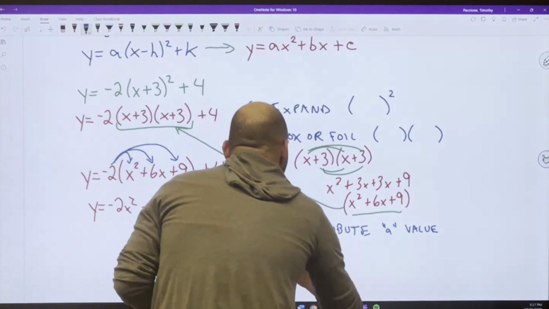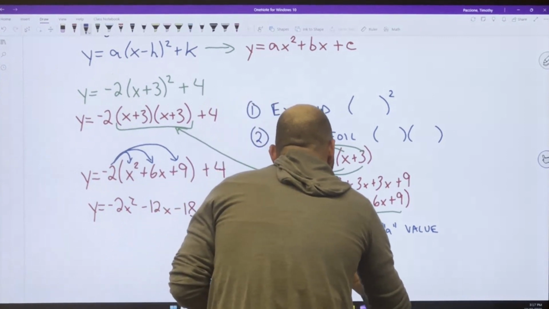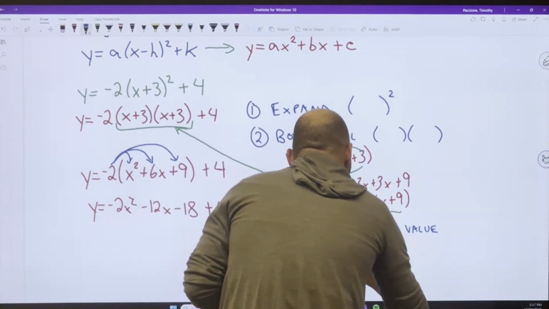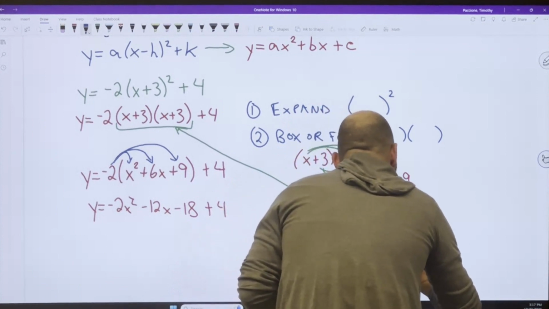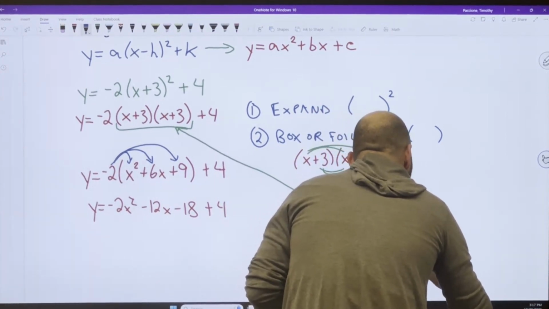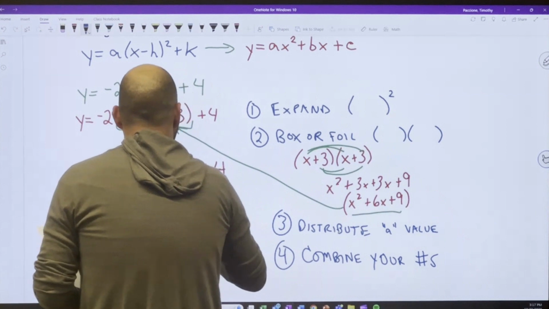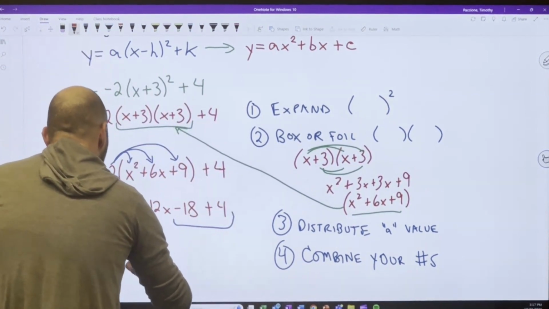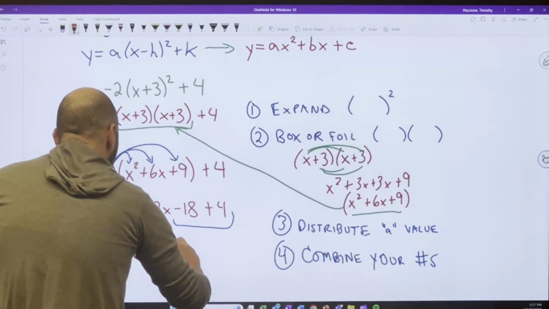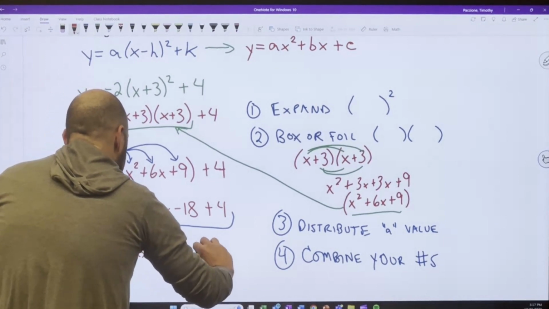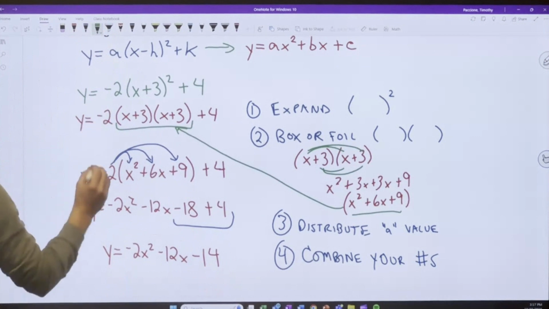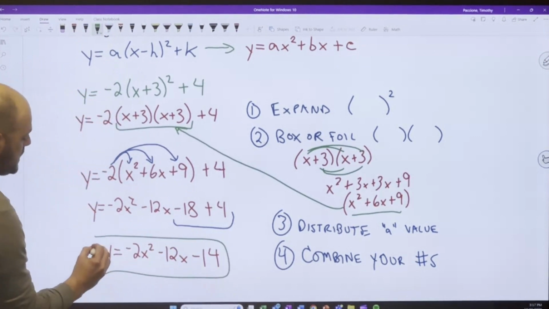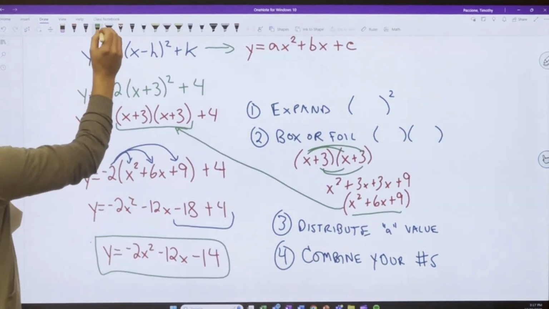So the last step is combine your numbers, your like terms. In this case, it's these two, right? So I have y equals -2x squared minus 12x minus 14.